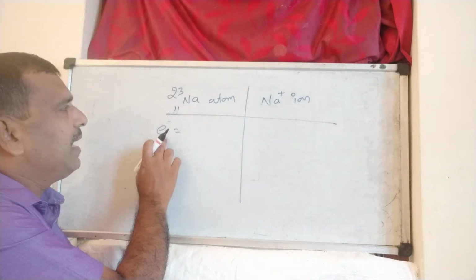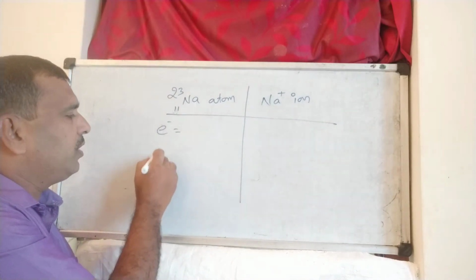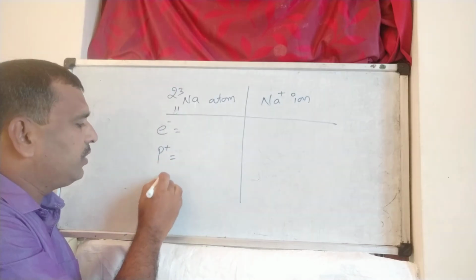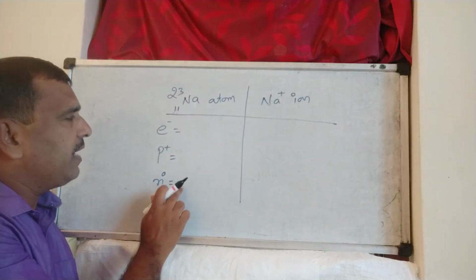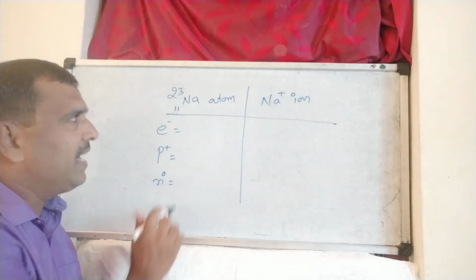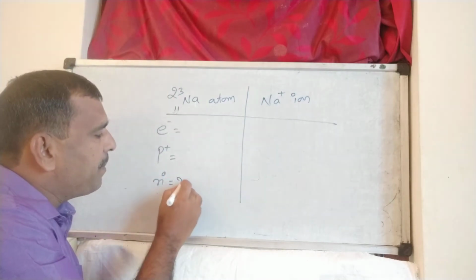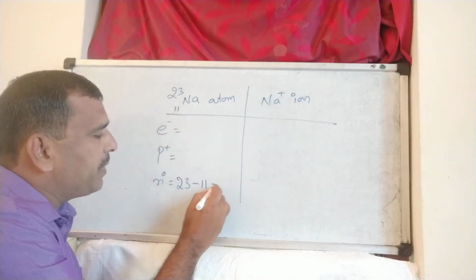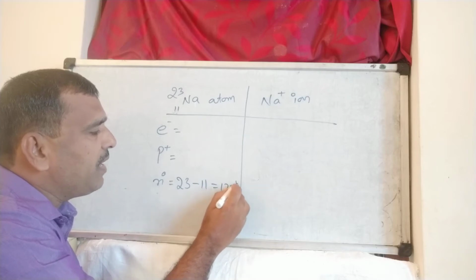Then electrons, protons as well as neutrons. First we'll calculate the number of neutrons. It is nothing but mass 23 minus atomic number 11, you will get 12 neutrons.